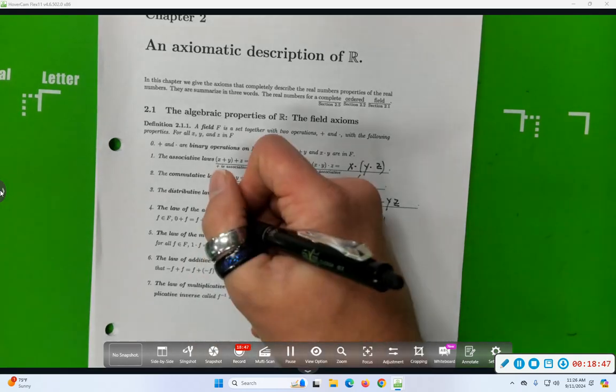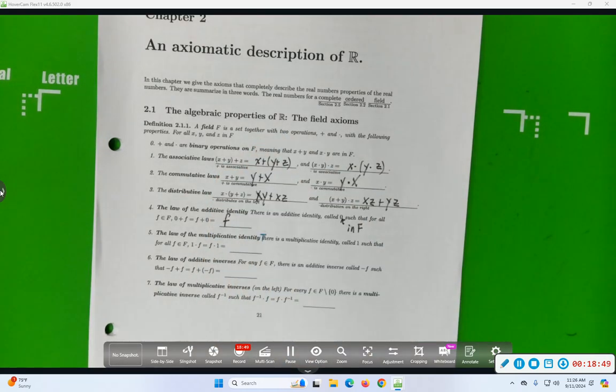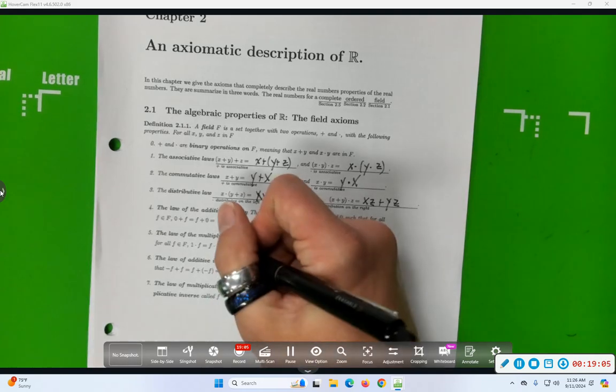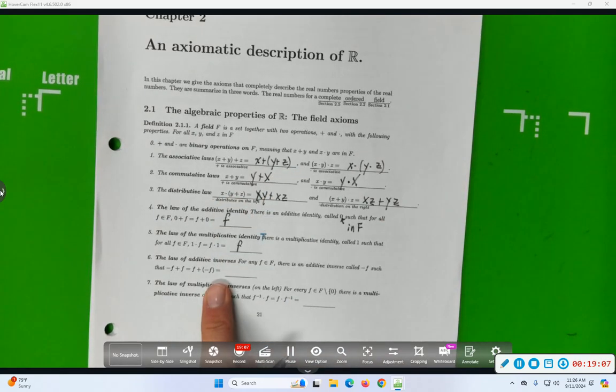And these are all axioms, so I'm not going to try to prove them. These are just things I will assume. There is a multiplicative identity called 1, so that f times 1 is 1 times f is also f. The law of additive inverses. For any f, there's an additive inverse called minus f.